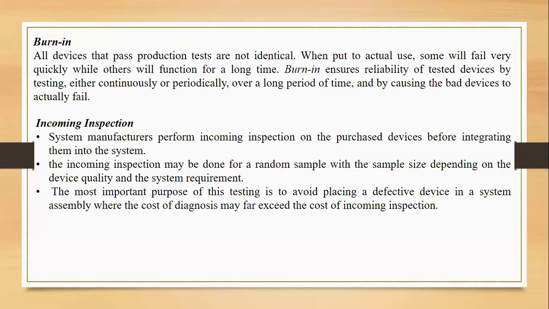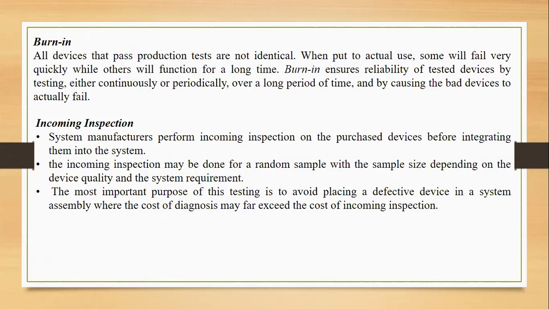So the manufacturer is going to inspect them. After getting the circuit model, it has to be inspected and tested first, whether it is working in good condition or not, and then it is sent for integration into the application.